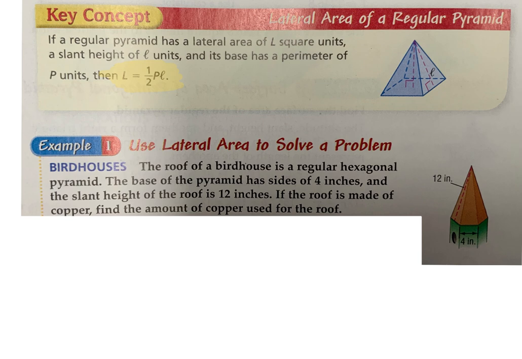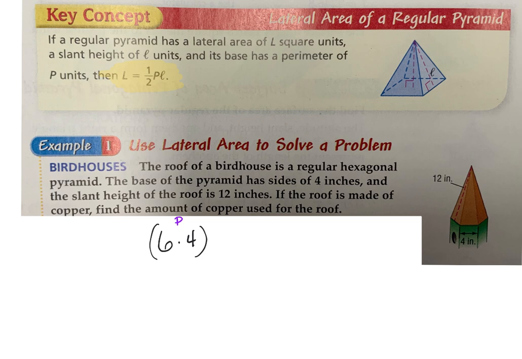The roof of a birdhouse is a regular hexagonal pyramid. The base of the pyramid has sides of 4 inches, and the slant height of the roof is 12 inches. If the roof is made of copper, find the amount of copper used for the roof. Hexagon, how many sides do I have in a hexagon? 6. So I'm going to say 6 times 4 is my perimeter.